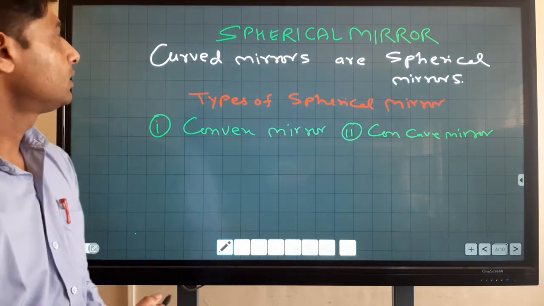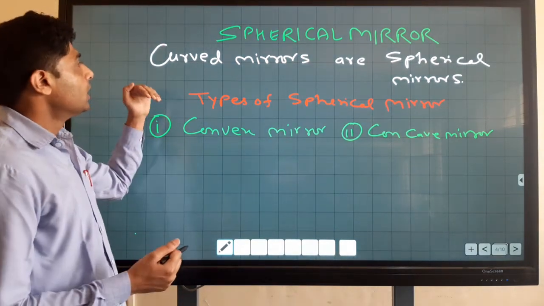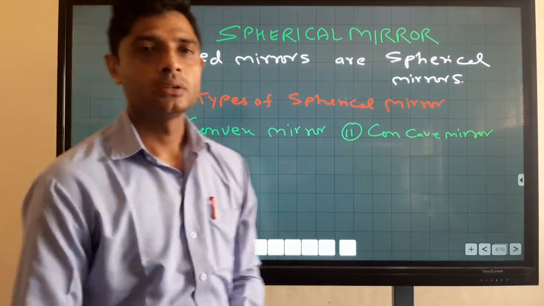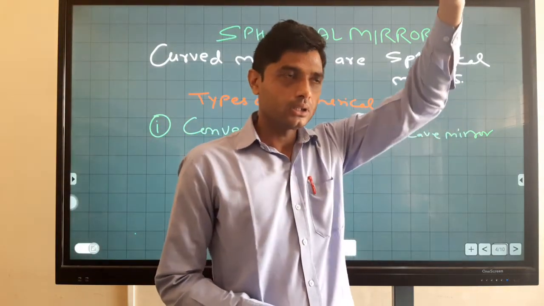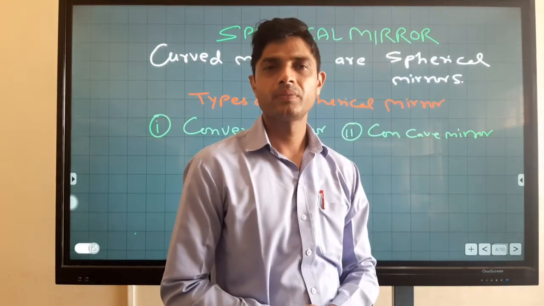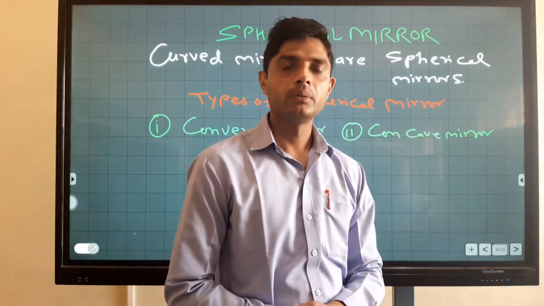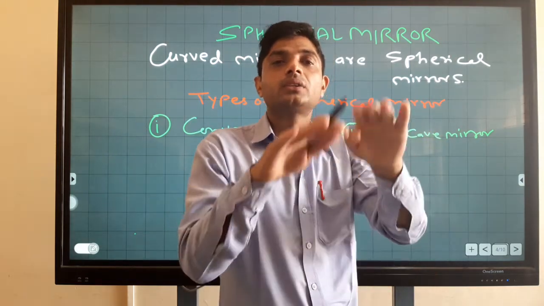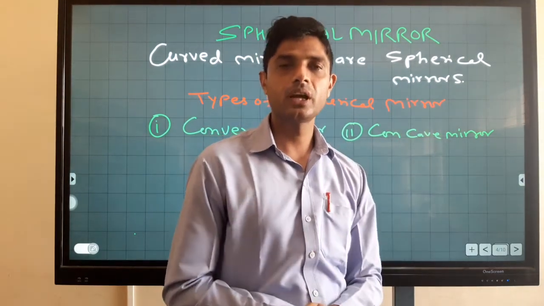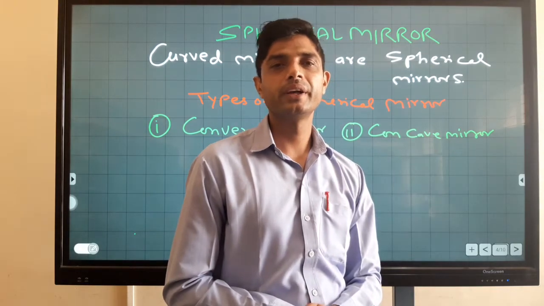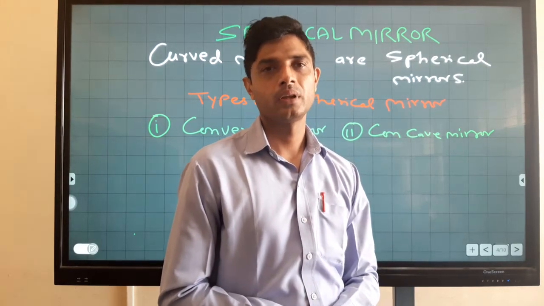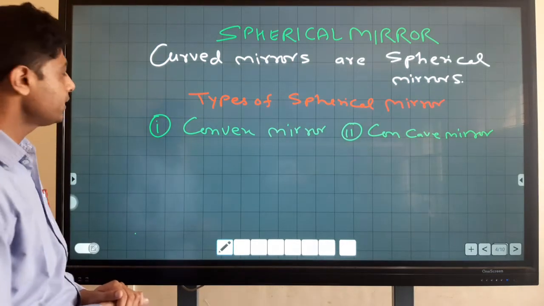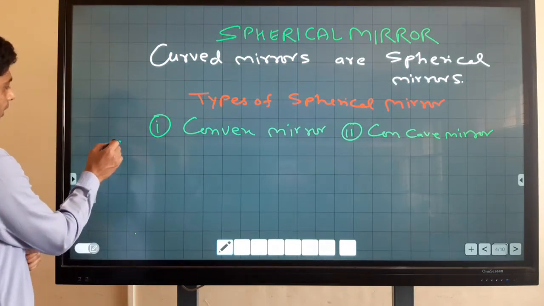Spherical mirror. A curved mirror, or spherical mirror. Okay. If there is a plane surface, it is known as a plane mirror, but if the surface of a mirror is curved, then this type of mirror is known as a spherical mirror. In the formation of a spherical mirror, we use a hollow sphere.